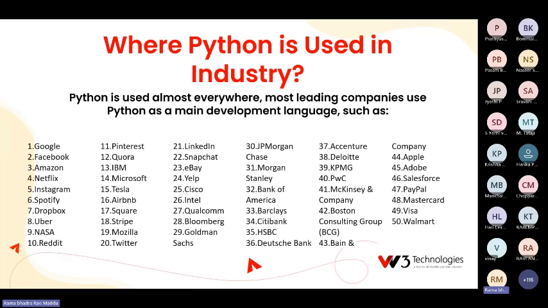We cannot tell the exact number, but from that we have shown only the 50 most repeated companies, like Google, Facebook, Amazon, Netflix, Uber, NASA, Microsoft, Tesla, Cisco, Walmart, PayPal, Adobe, and so on. Every company is using Python. That's why once you learn Python, you have opportunities in every company.